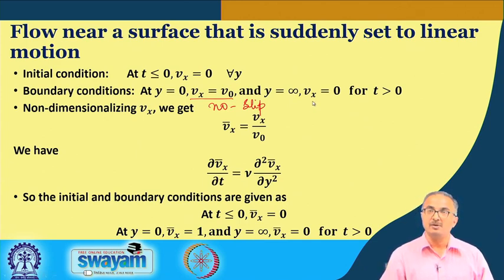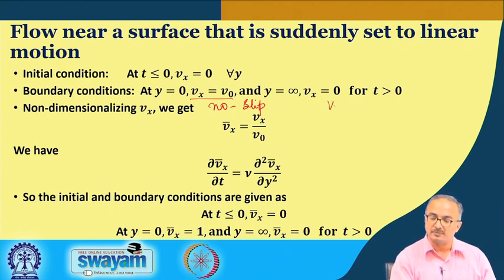In this case it is 0 because the fluid was at rest initially, but it need not be 0. It could have some other non-zero value, say V infinity, which we call the free stream velocity. As per the question, we are taking Vx to be 0 at y equal to infinity for all time t more than 0.